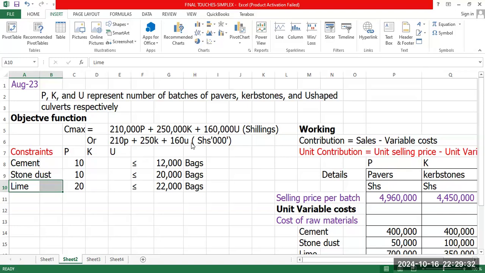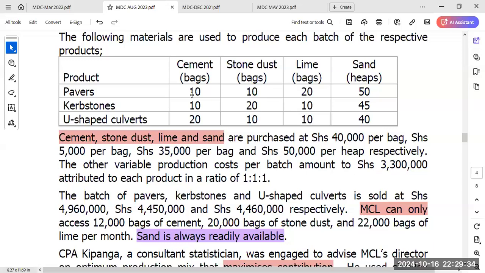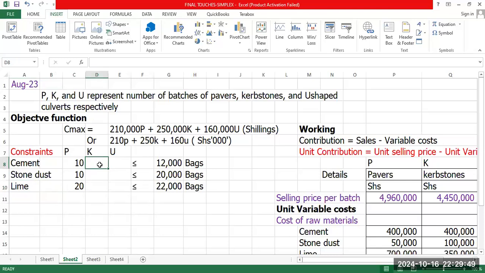Okay, for cobblestones, you do the same: 10, 20, 10.